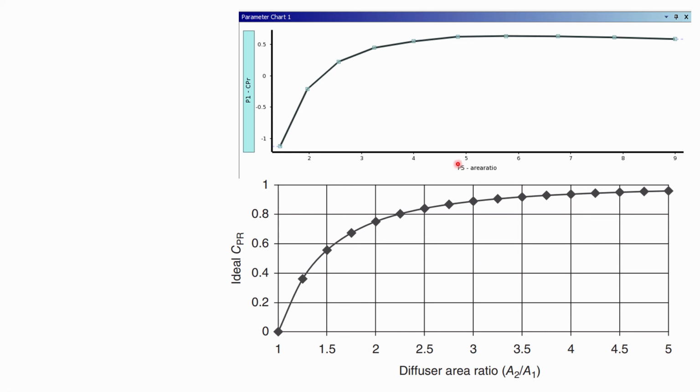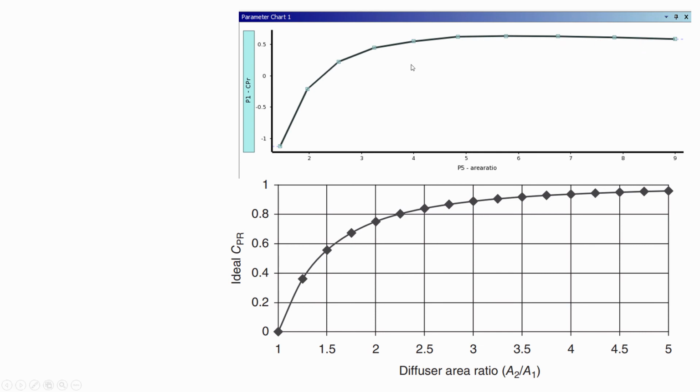So we cannot capture the absolute values because a number of changes are there in our simulation, but you can see our simulation is capturing the trend of the ideal diffuser plot. This plot exists up to an area ratio of 5, and we have a considerably increasing CPR, and this is also captured. Now after that we have a decline in the static pressure recovery.